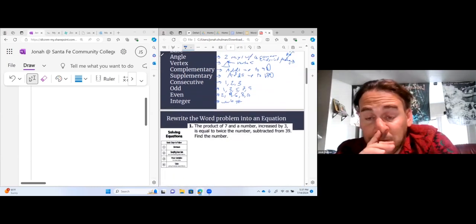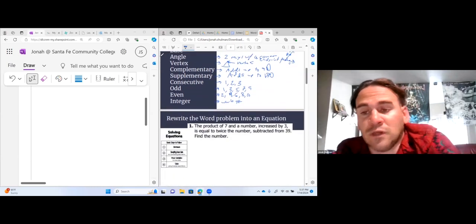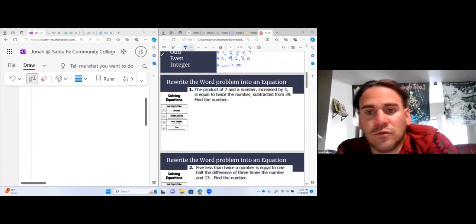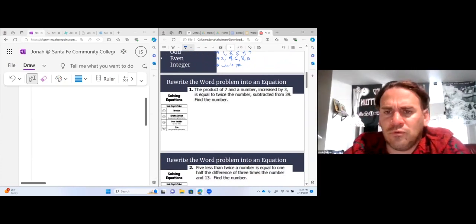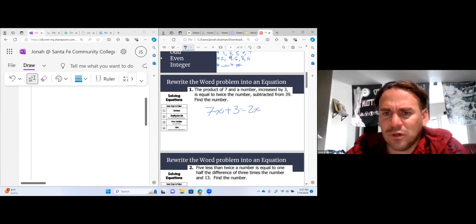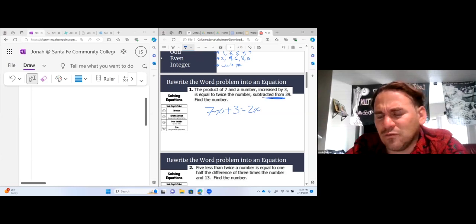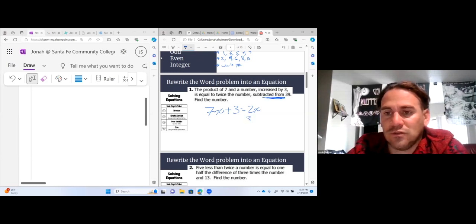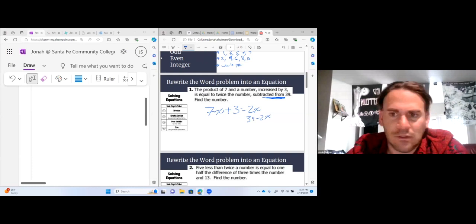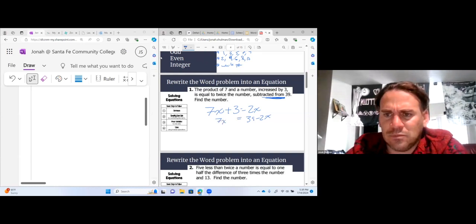All right, so let's do one. I'm not gonna solve them, but I'm just gonna write them out. Okay, so the product of 7 and a number, so that's 7 and x, increased by 3, so added by 3, is equal to twice the number. It says subtracted from 39, so it's 39 minus 2x. 7x plus 3.